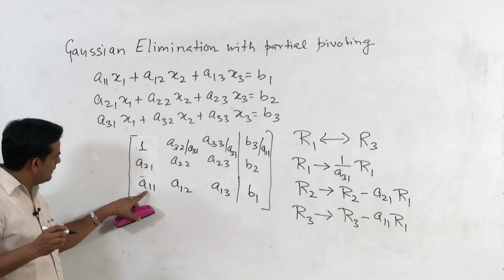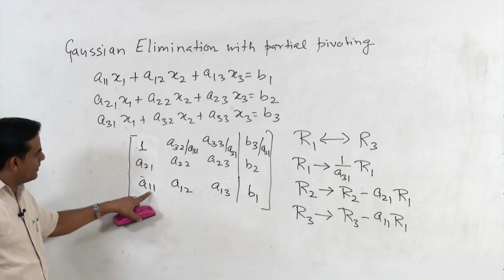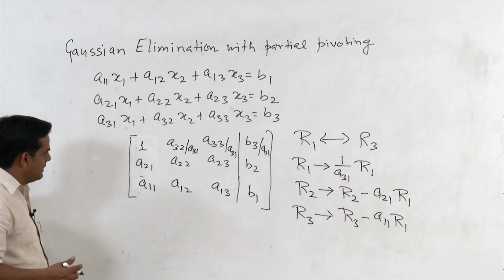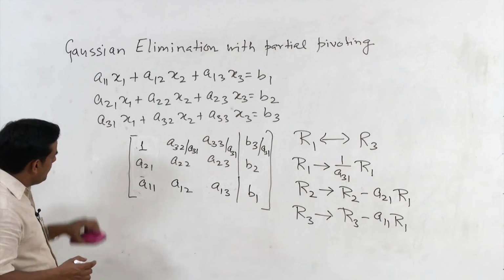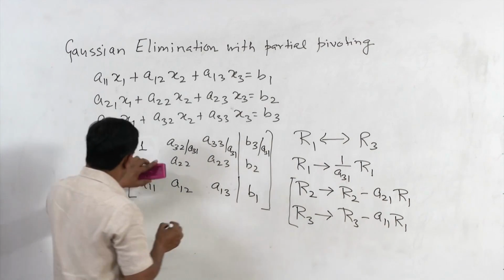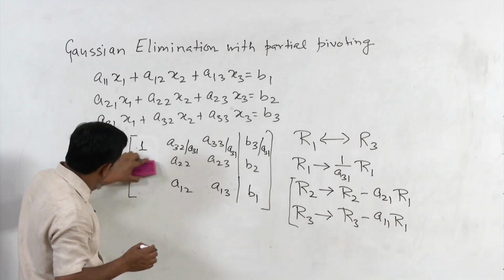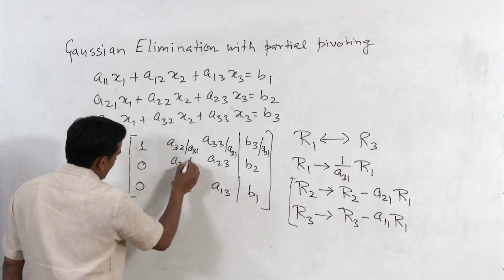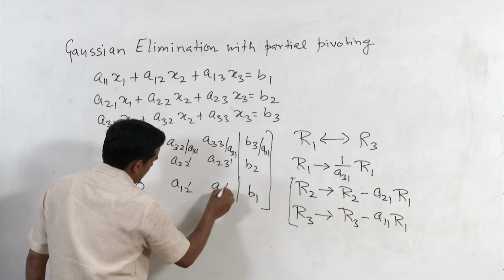Please note that this element is now a11 because we interchanged R1 and R3 in our first operation. If I perform these two row operations, these two elements will become 0 and I will get some other values here.